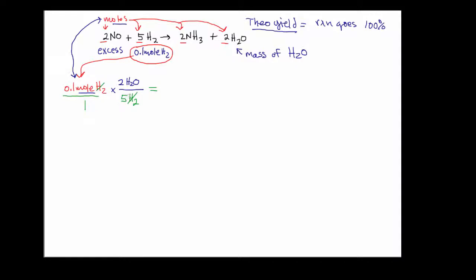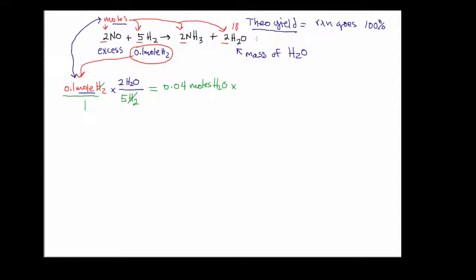All right, and what you should get will be about 0.04 moles of H2O produced. Now to get to the mass, we're literally just one step away. All we need to do is calculate the molar mass of water, which is 18 grams per mole.